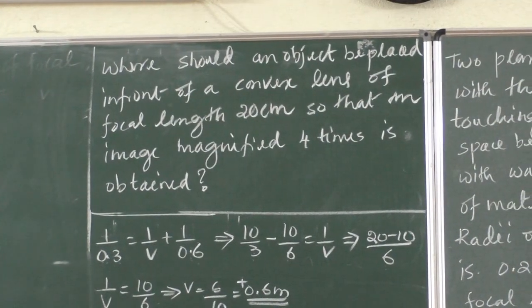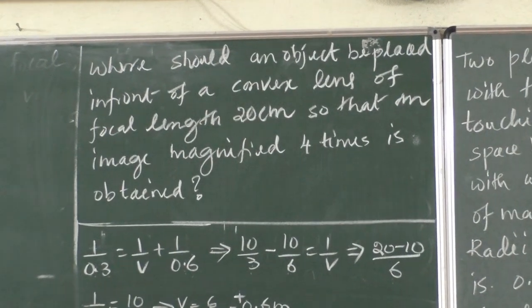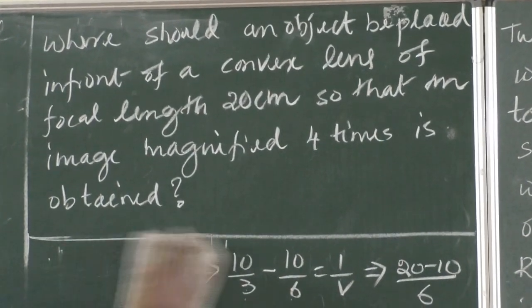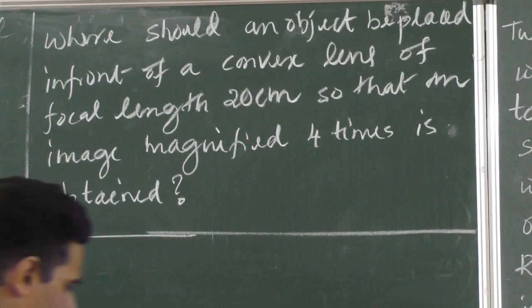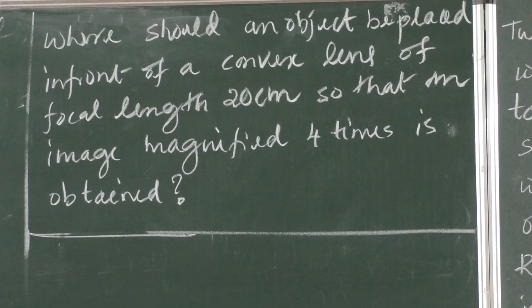In front of a convex lens of focal length 20 centimeter, so that an image magnified 4 times is obtained. Only one sentence problem. Sentence starts, and by the time you get full stop, problem is over. No second sentence. At what distance from the convex lens of focal length 20 centimeters should an object be placed so that an image magnified 4 times is obtained?